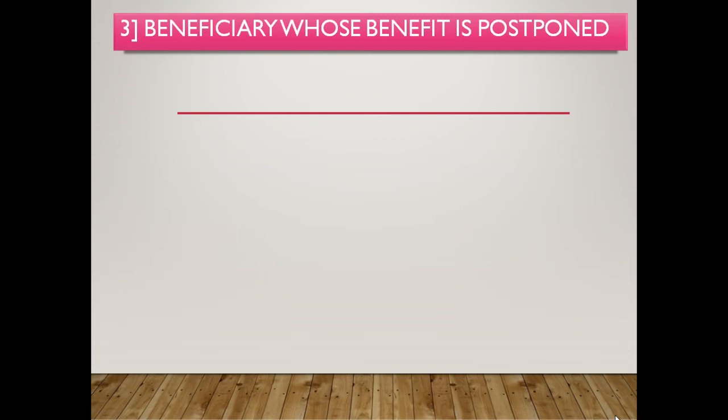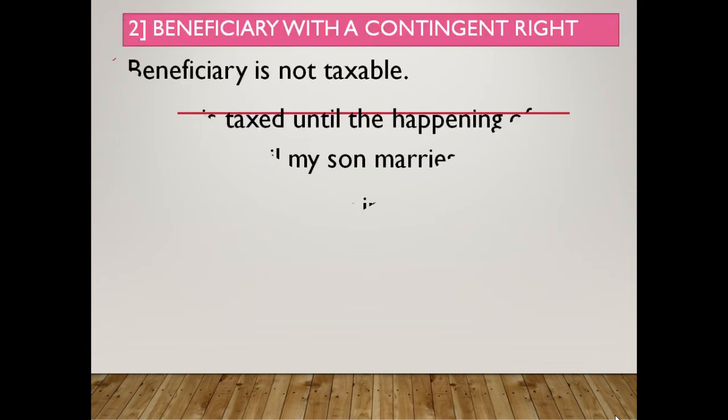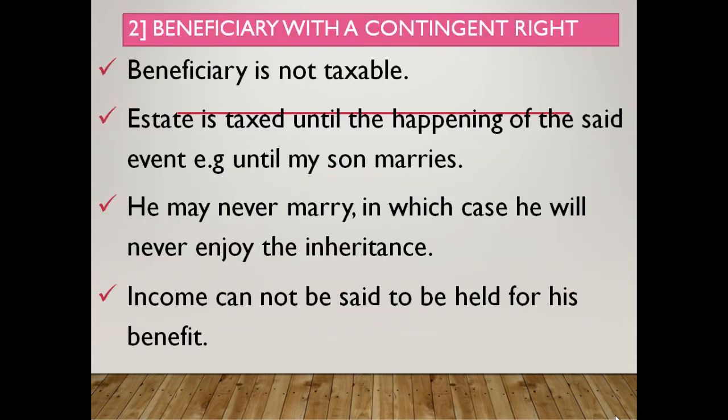What is the difference between this beneficiary whose benefit is postponed and the beneficiary with a contingent right? When the beneficiary has a contingent right, there are chances that whatever event is stated in the will might not even materialize. Like in this case, we gave the example, until my son marries, there's a chance that the son might die before marrying, or might not even marry at all.